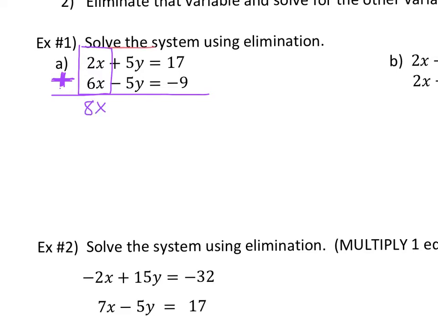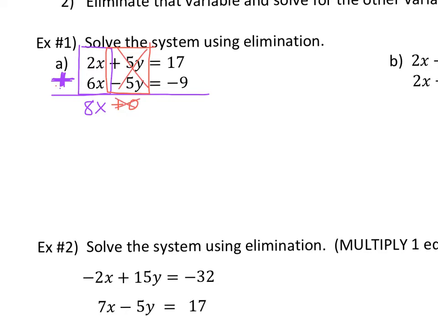Then I'm going to go here. 5y plus a -5y is 0. So that goes away. Now, if it helps you to see a 0 there, that's fine. I think it's easier when it comes out to 0 just to leave it blank, okay?